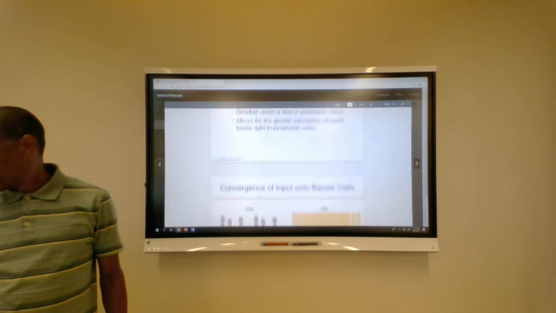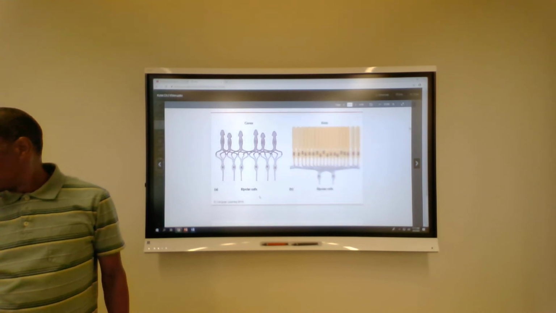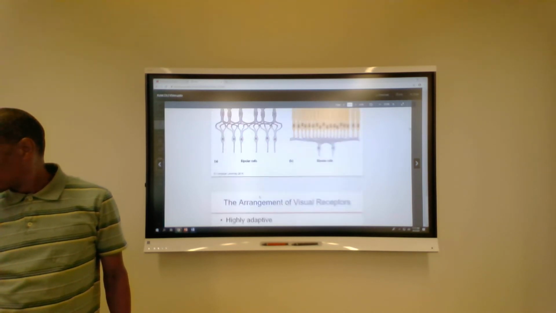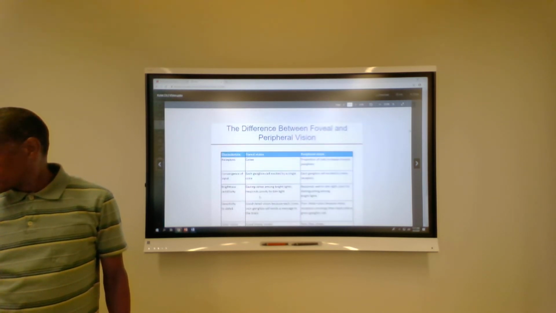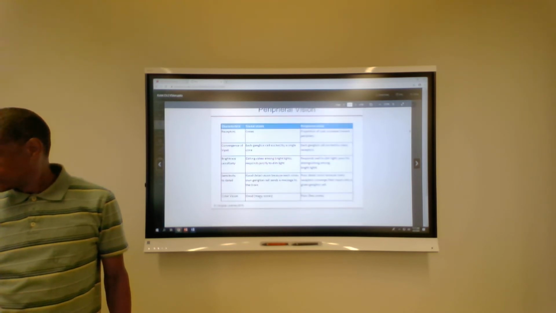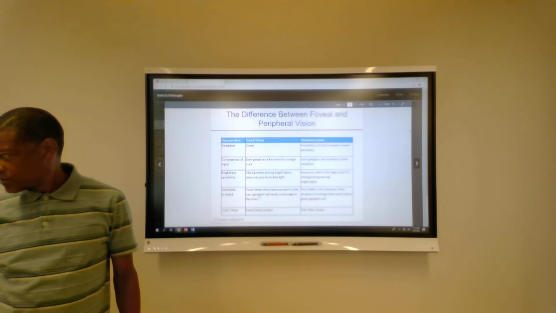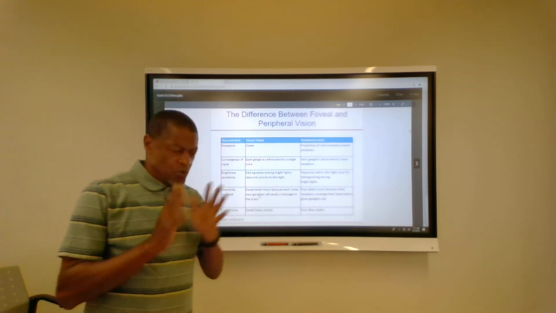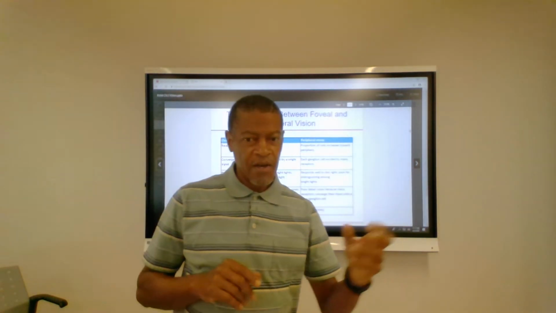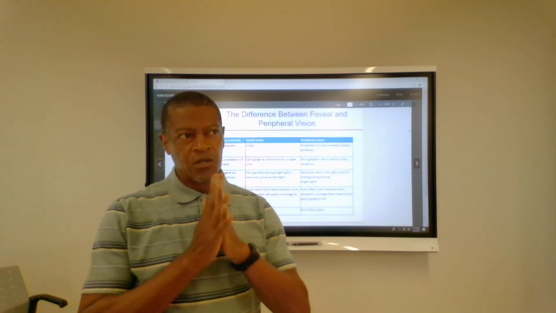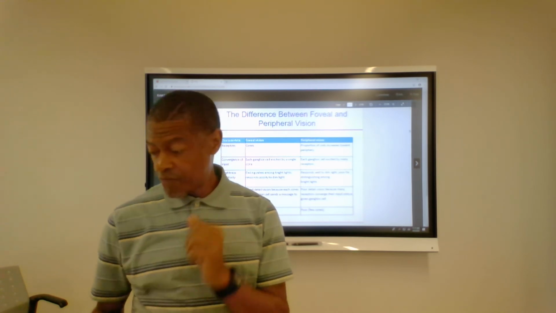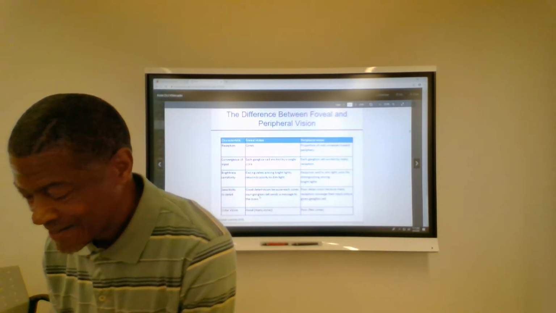So for the retina, you think of central and peripheral. You have cells in the central part of the eyeball.